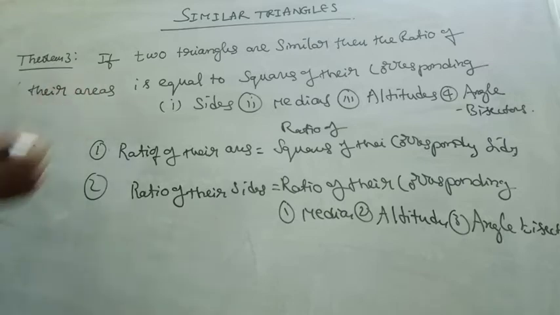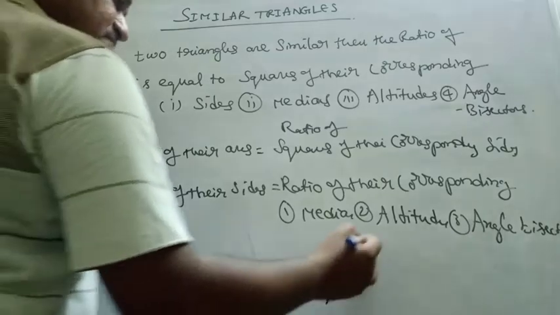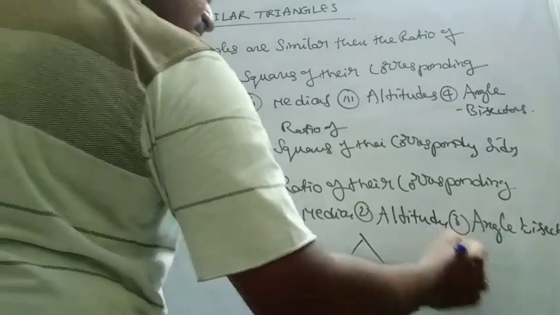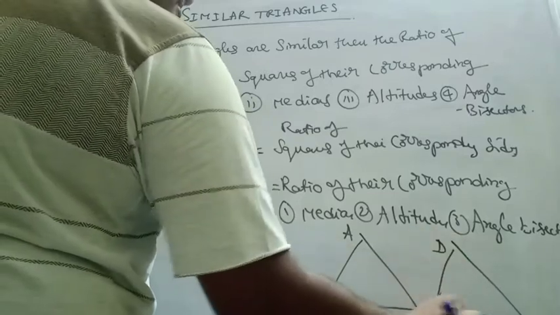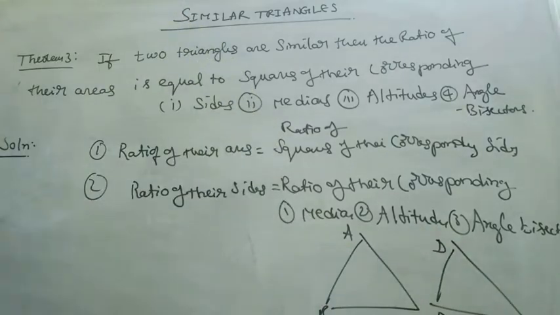the ratio of their areas, if we take the diagram like this, with triangles ABC and DEF, that means area of triangle ABC divided by area of triangle DEF.